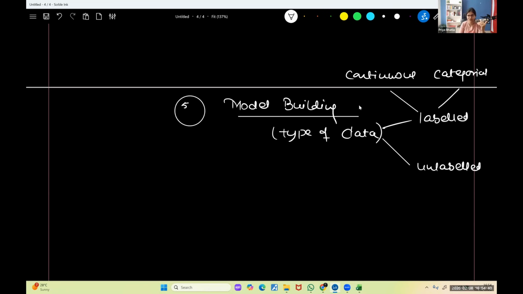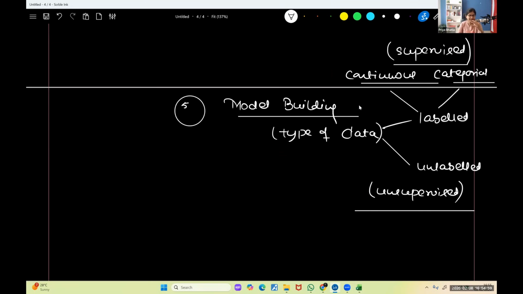Depending upon what specific problem you are solving, whether it comes under a supervised part or an unsupervised part, based on that we will try to build an end-to-end model. Is this okay for everyone? So model building is done. The fifth step is completely done. Shall we move further?